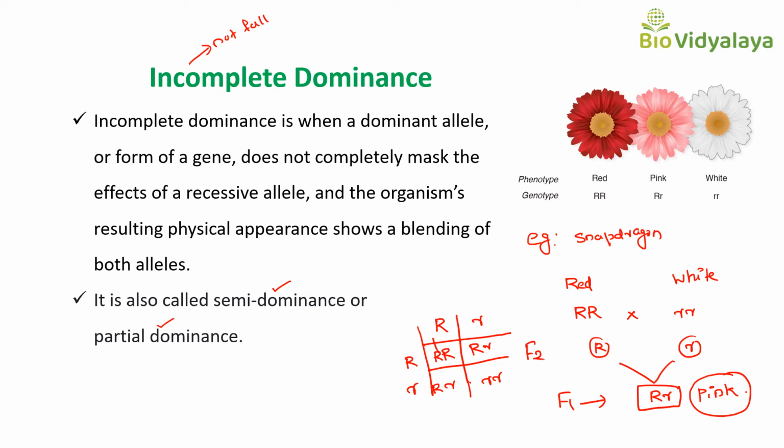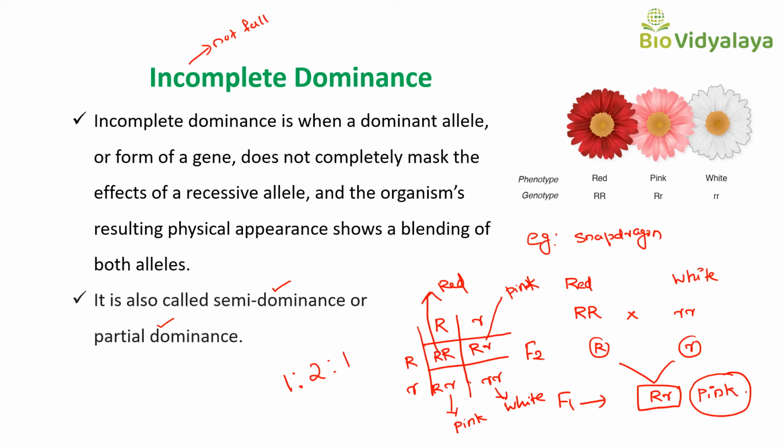Here capital R capital R means red, capital R small r means pink, capital R small r pink, and small r small r white. So the phenotypic ratio and genotypic ratio is 1:2:1.